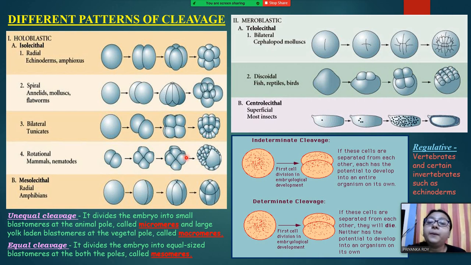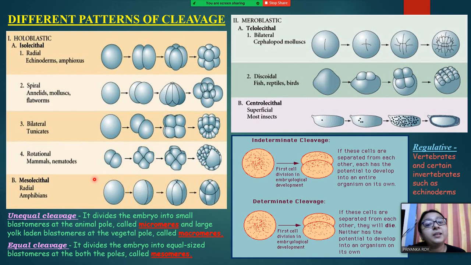That is, the plane will be through the center, horizontal. So in that way, a different kind of pattern will seem that it is kind of rotating around the embryo, and this kind of cleavage is seen in mammals and nematodes. So all these are in case of isoleucithal or alecithal eggs.